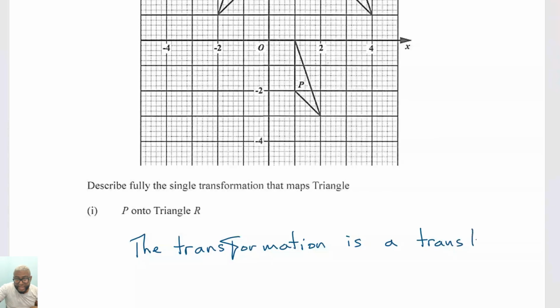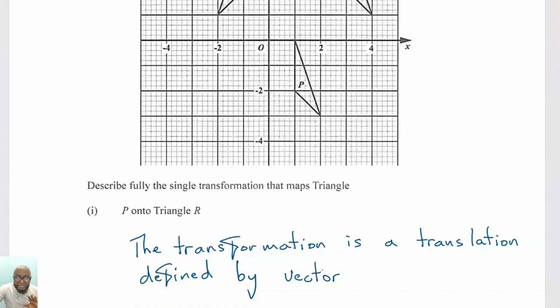You can't put the word slide, it's a translation. Translation means slide, defined by vector.